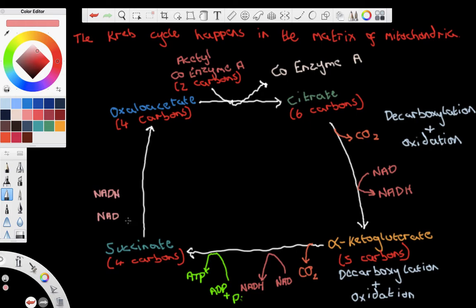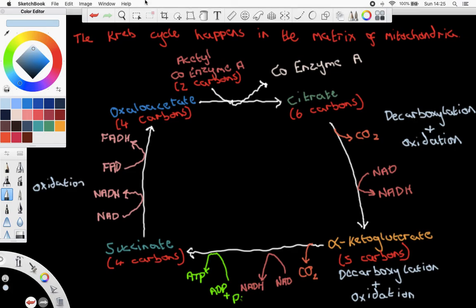And we've also got another molecule, which we haven't spoken about yet, FAD becoming FADH. Although we haven't spoken about FAD yet, it does exactly the same role as NAD. Okay? So we've got oxidation taking place to turn succinate back into oxaloacetate.